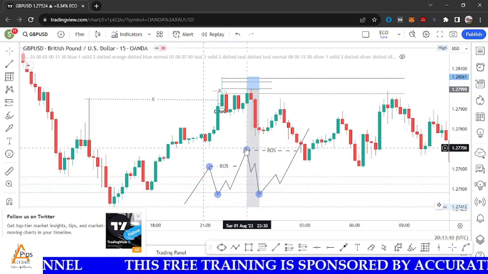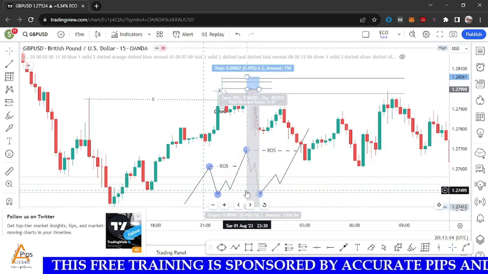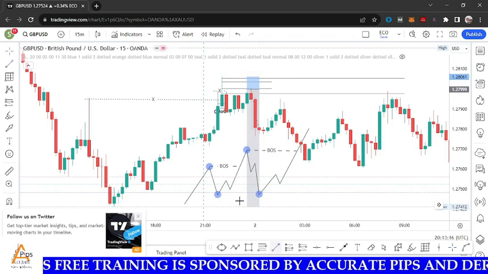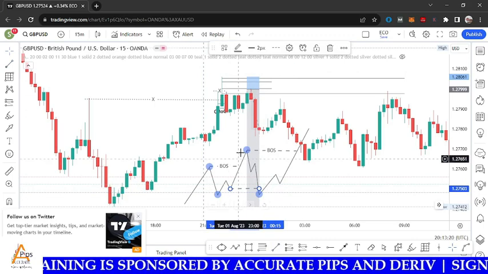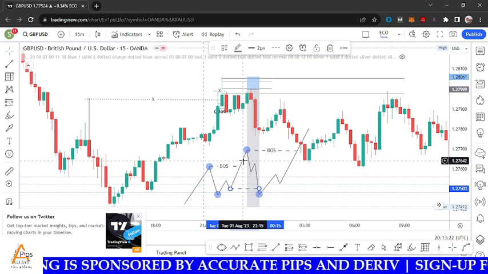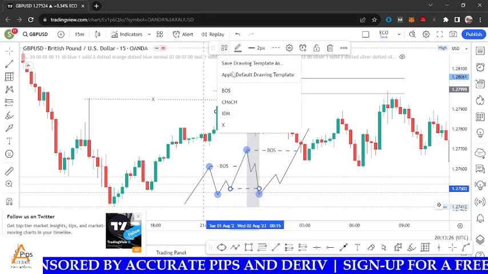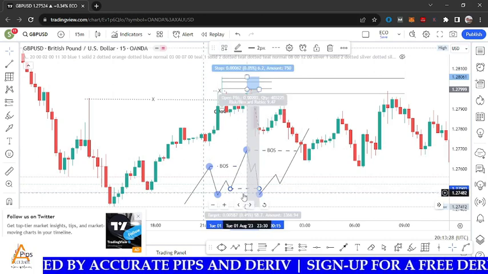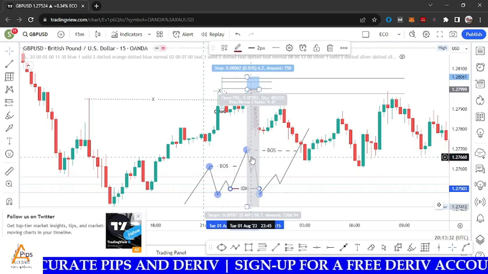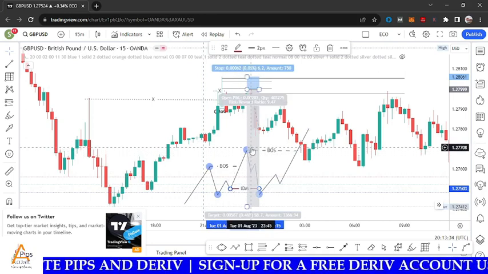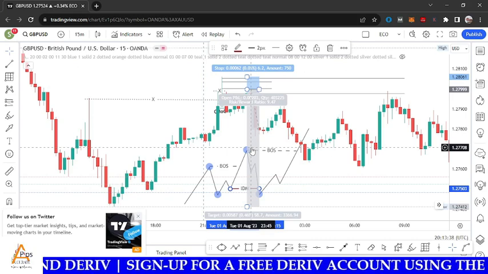The next time price comes down here and takes out this low that was created before this new high was created, then we call it IDM, because this IDM is what confirms this as our actual higher high that has been created.